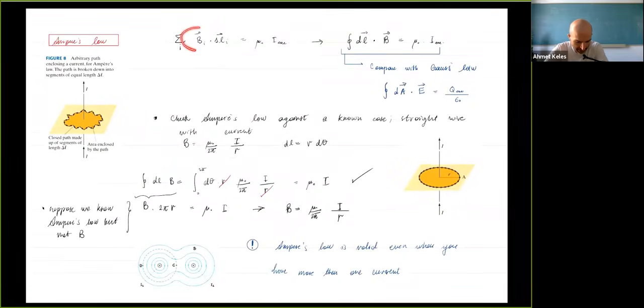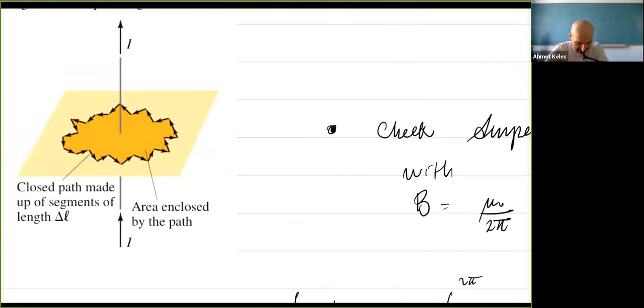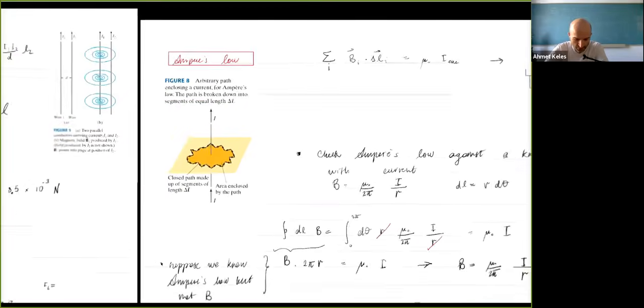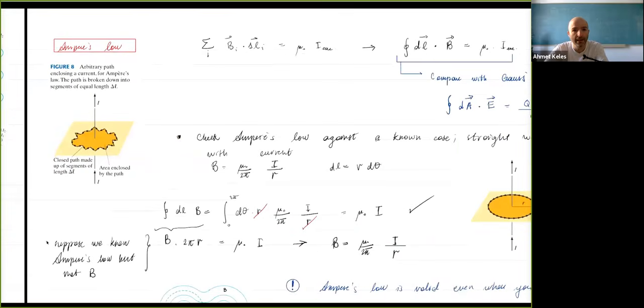Ampere suggested something like this. At every point there's a magnetic field, and there is a segment length here. If you take the product of this segment with the magnetic field, that's a scalar. And if you sum over all these little segments, Ampere suggested that it has to be equal to mu0 times I enclosed.